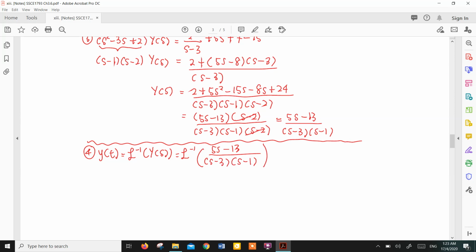To do the inverse Laplace, we have to use partial fraction once again.